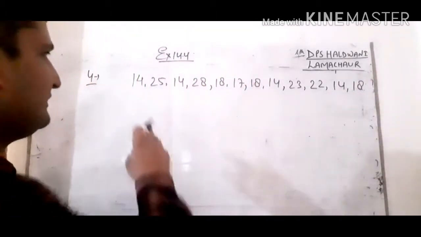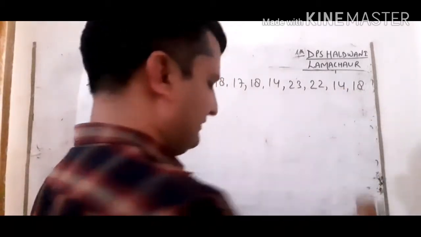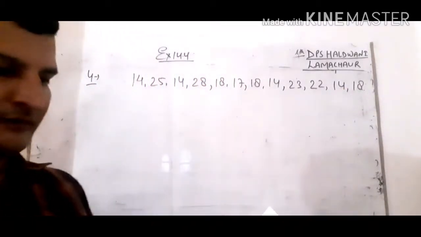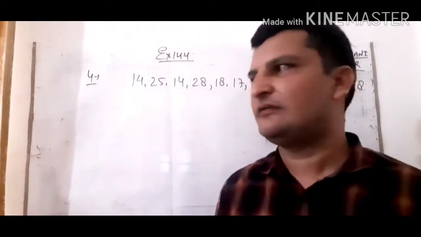How many numbers are here? 1 2 3 4 5 6 7 8 9 10 11 12. 12 numbers are there. So students, we have to find the mode.